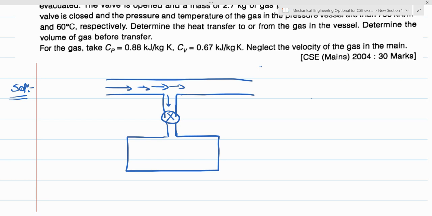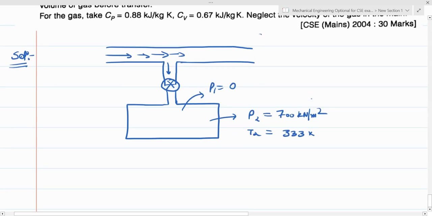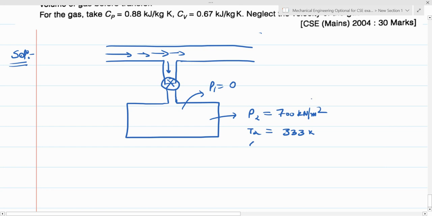Now it is initially evacuated, so P1 was 0 here, and then when the valve is opened, P2 changes. P2 now comes out to be 700 kilonewton per meter square. T2 comes out to be 333 Kelvin. M comes out to be 2.7 kilogram.